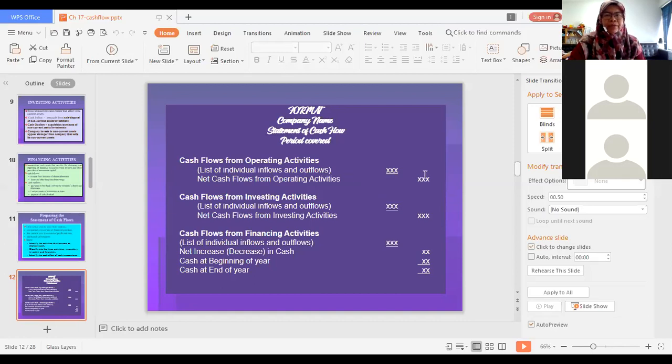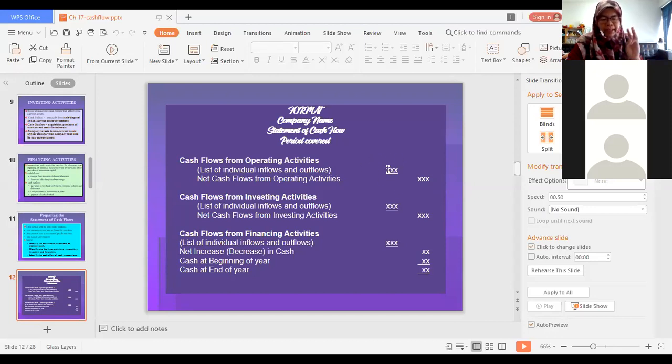So if the total is positive, we call it net cash inflow from operating activities. If your total here is negative, then we call it net cash outflow. So it depends. It doesn't matter whether positive or negative, but you need to write here: if positive, inflow; if negative, outflow. So it is not necessarily always positive, it depends on the amount that you transfer here.